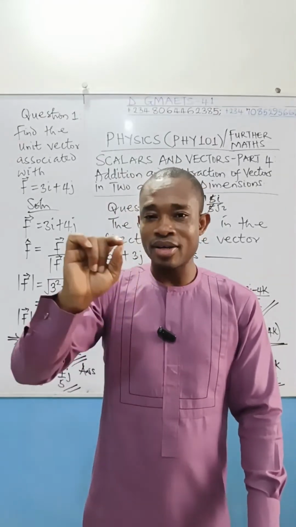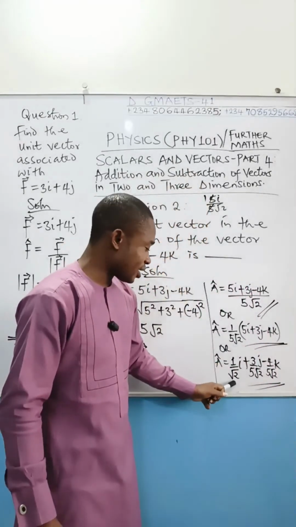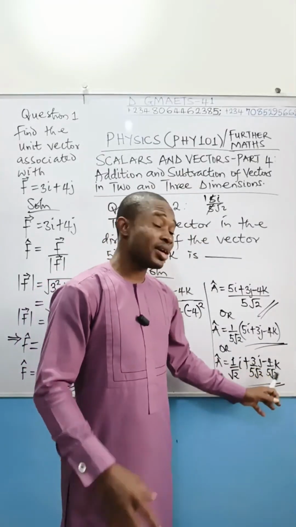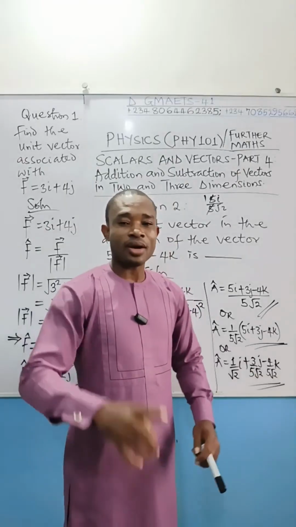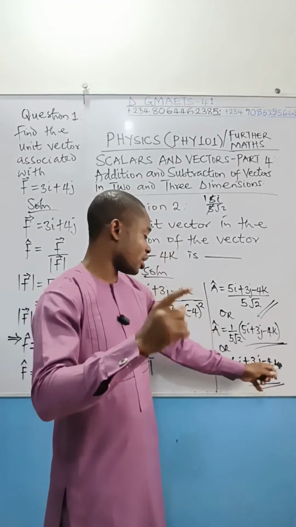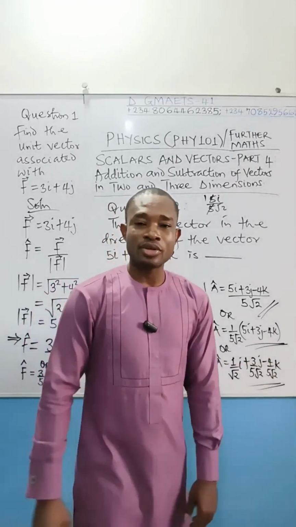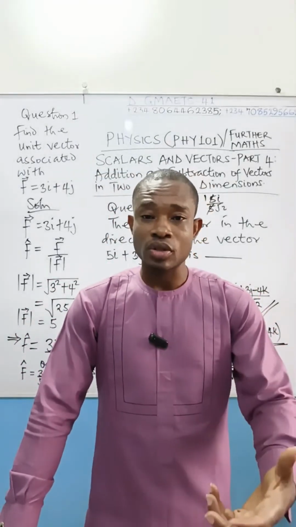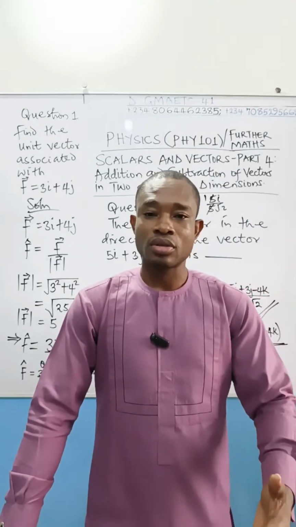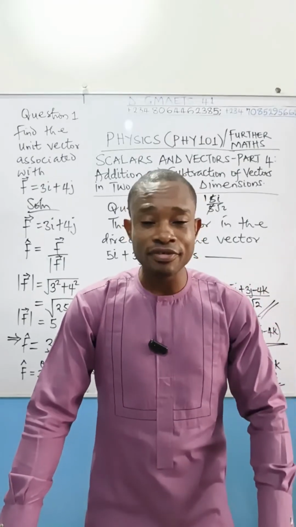Just use commas to separate the scalars. The scalars are all these numbers without the direction vectors ijk. So this is how you calculate or determine the unit vector, the direction vector, in the direction of any given vector.